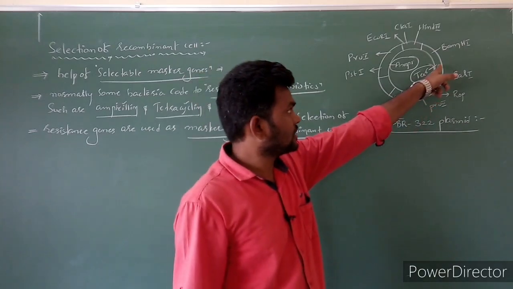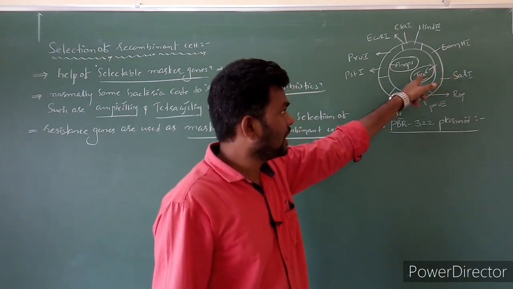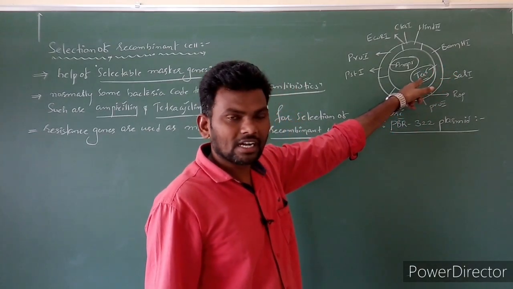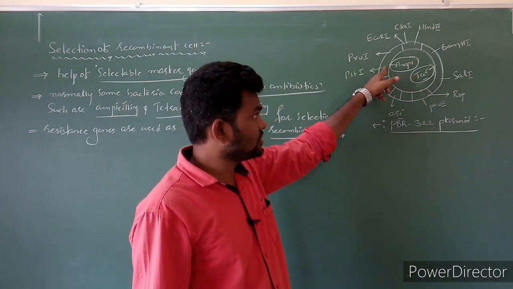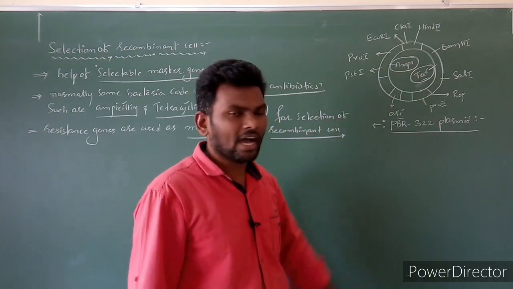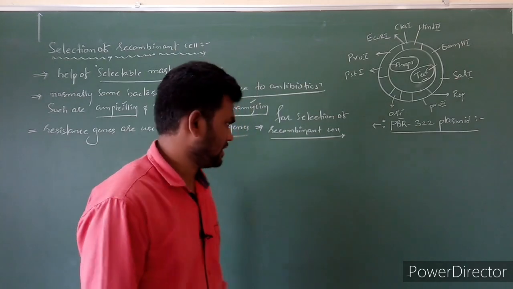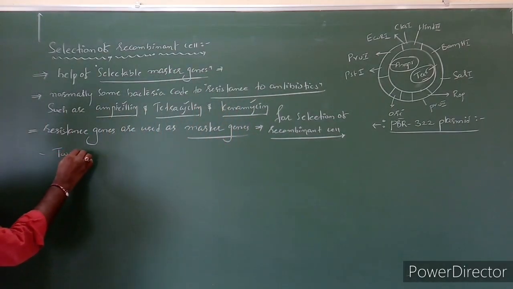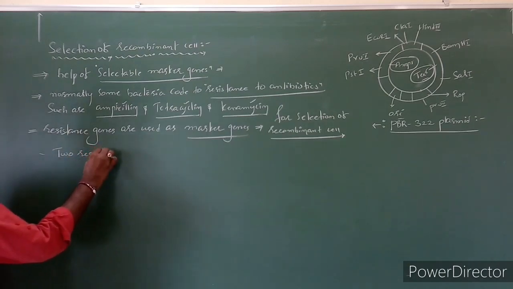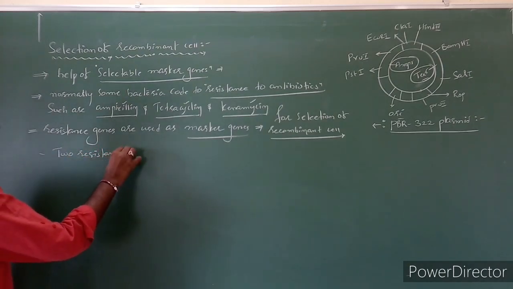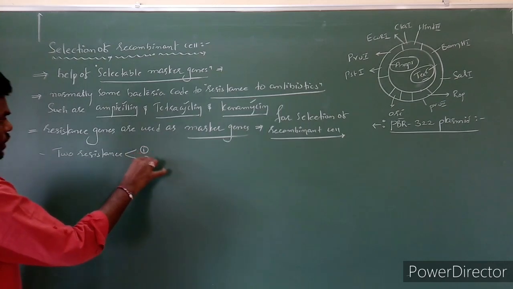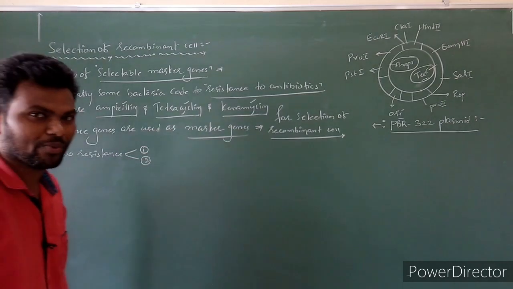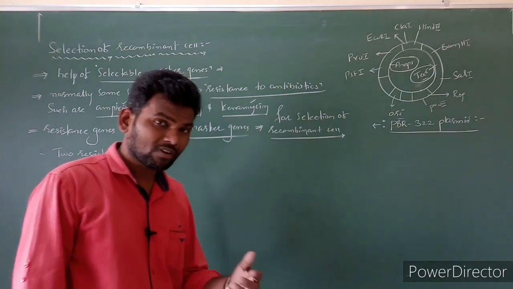Here the pBR322 plasmid already has two marker genes: one gene for resistance to tetracycline, and one gene for resistance to ampicillin. These two resistance genes are used in the preparation of the pBR322 plasmid.